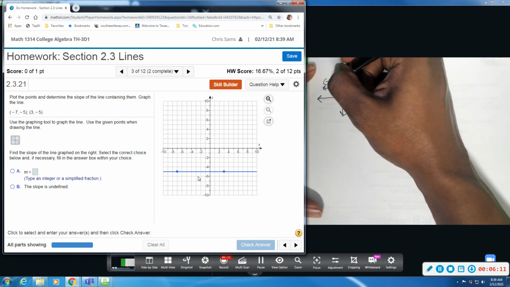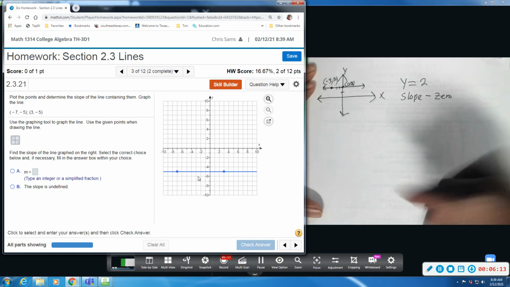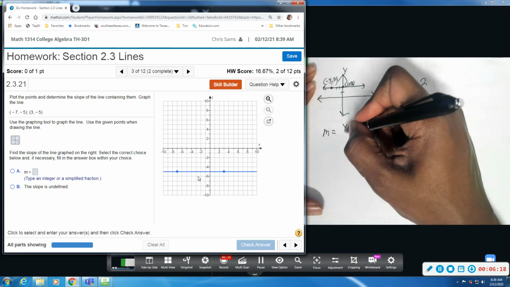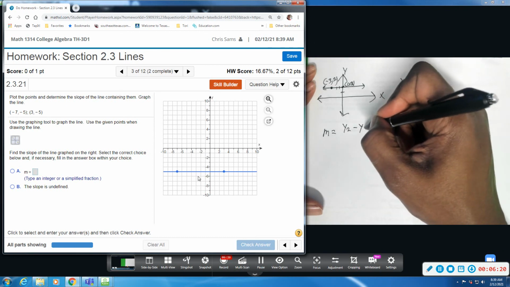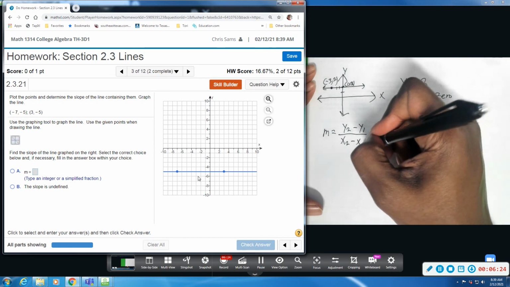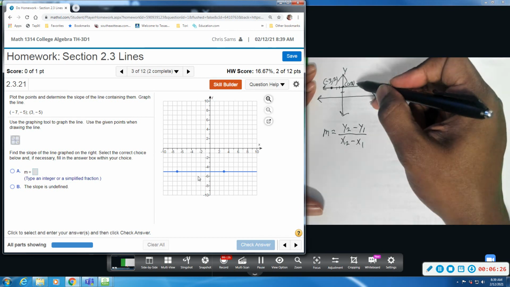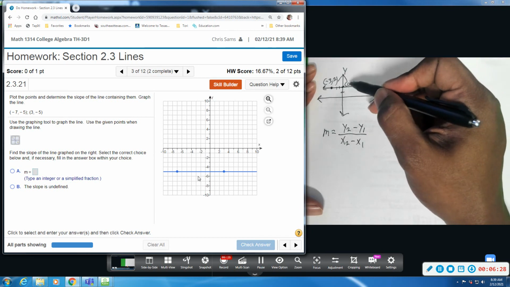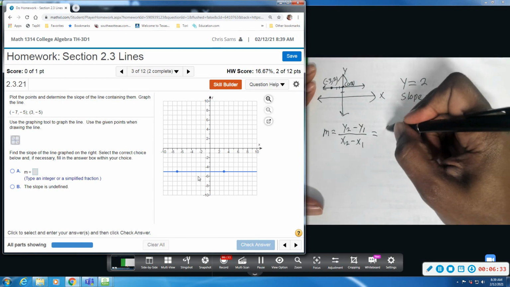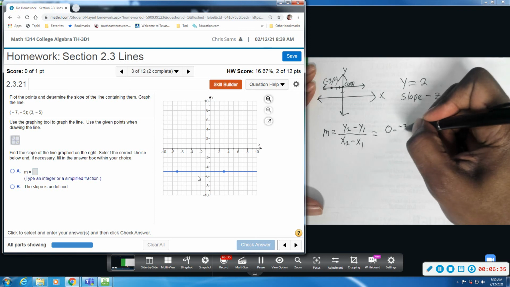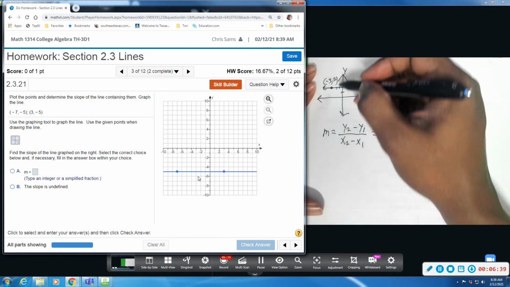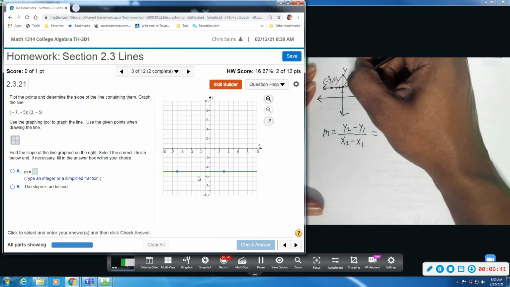If I were to just pick another point, let's just say that this would be -3, 2, and I did the slope formula, m equals y2 minus y1 over x2 minus x1. That will give us, as far as the y value, 0 minus a -3. Actually, I put those backwards. These are the x values.